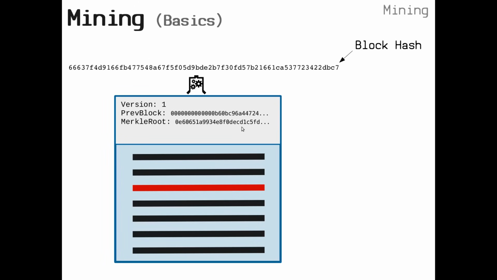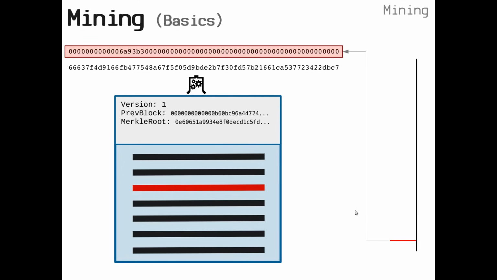Any questions so far? Okay, that's all well and good, but why would a miner do this? How does this help to get the block mined onto the blockchain? Well, if the block hash, the result of putting the block header into the hash function, is below a target value, like so.